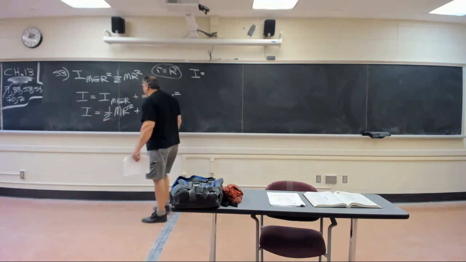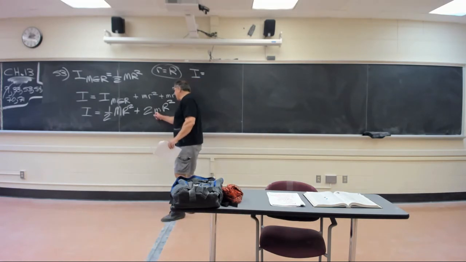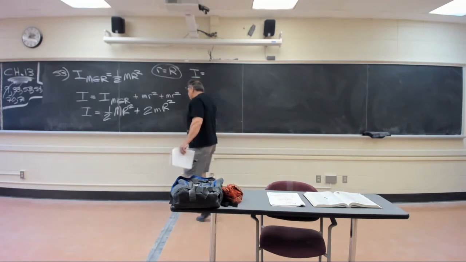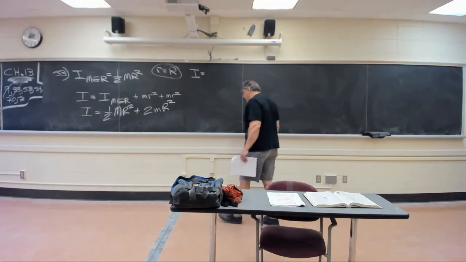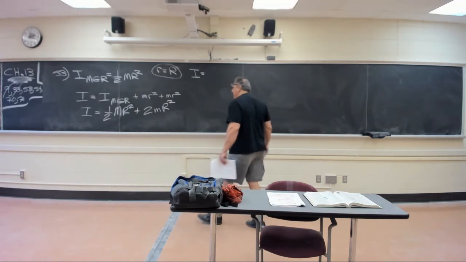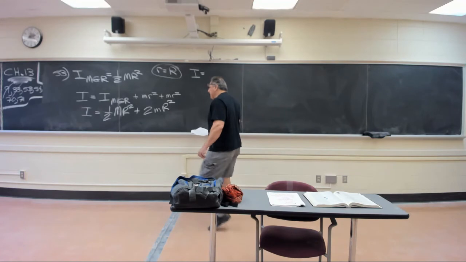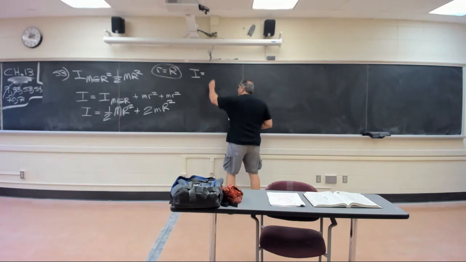Half of 405 is 202.5. The kids are each 30 kilograms. 2 times 30 is 60. 60 times the quantity 1.5 squared, 60 times 2.25 is going to be 135. So 135 plus 202.5 is 337.5, something like that. And there it is. So plug in the numbers, guys. Grind this out.